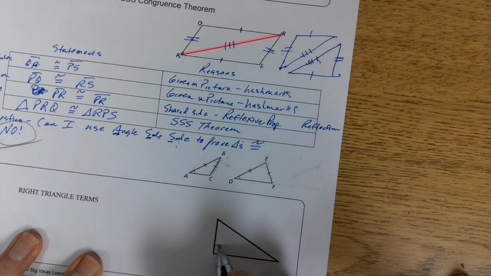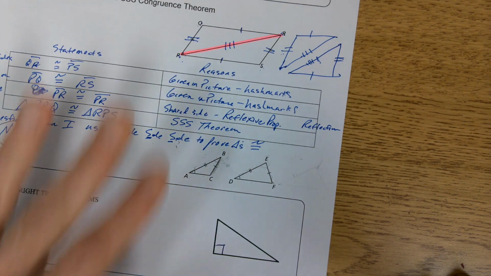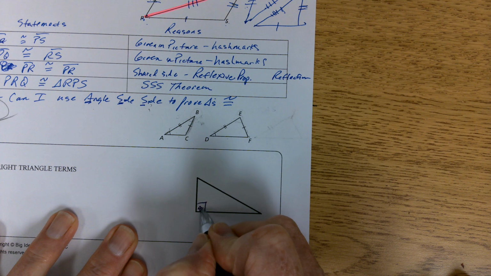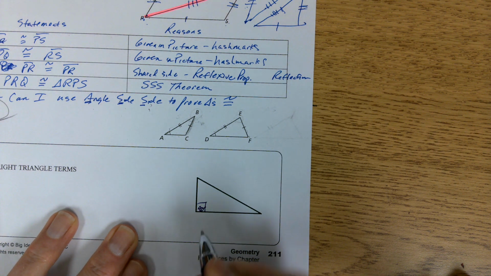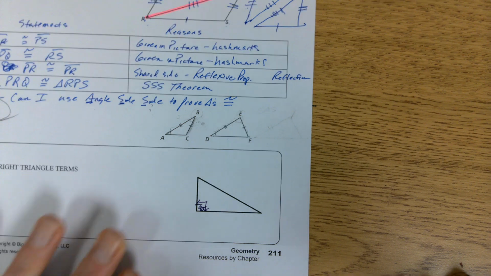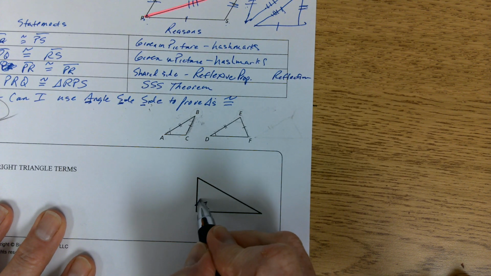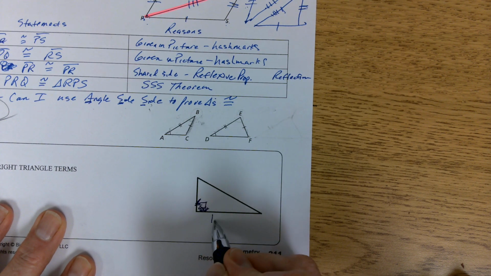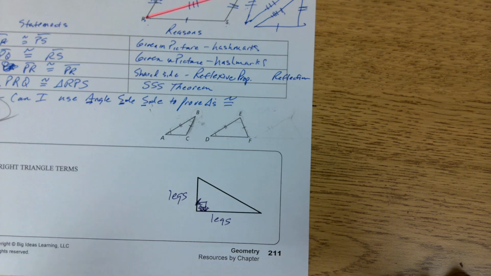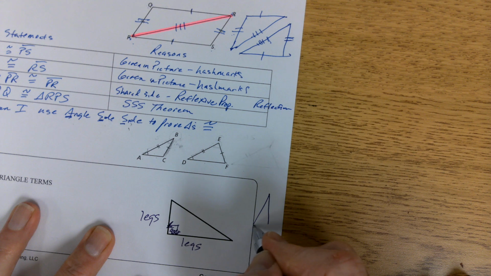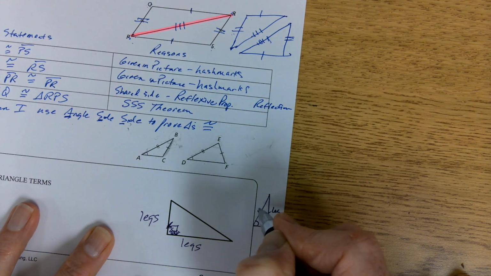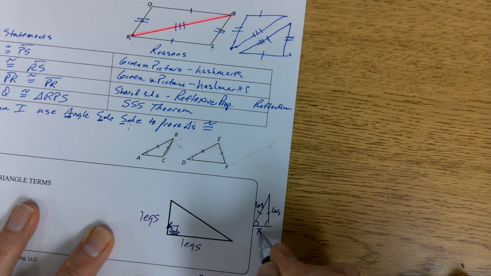Right triangles, you're always going to have one right angle. The box is where the right angle is, right? So this is your 90-degree angle. The sides that the box points to are always called legs. Isosceles triangles also have legs. If you have your base angles, you have your legs on an isosceles triangle and the base.